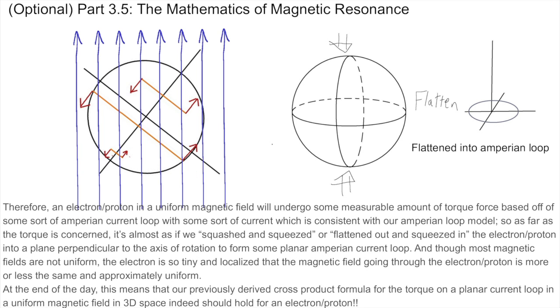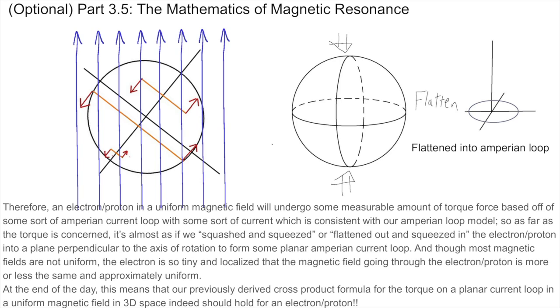Therefore, an electron or proton in a uniform magnetic field will undergo some measurable amount of torque based off of some sort of Ampérian current loop with some sort of current, which is consistent with our Ampérian loop model. So as far as the torque is concerned, it's almost as if we squashed, squeezed, or flattened the electron or proton into a plane perpendicular to the axis of rotation to form some planar Ampérian current loop.